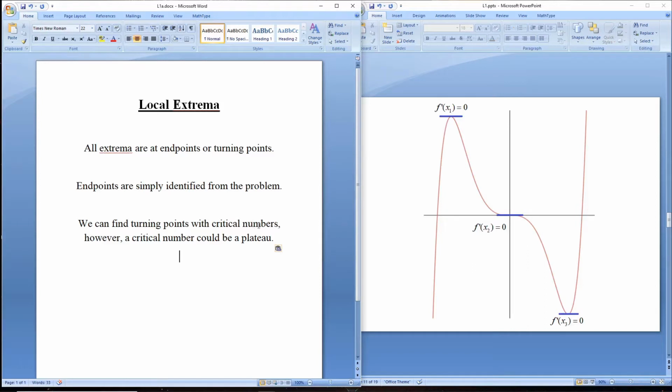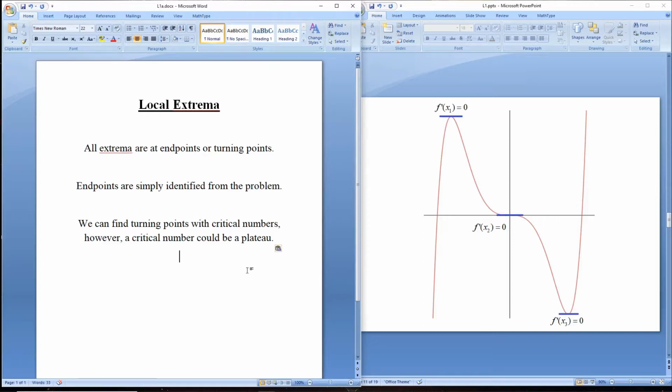We'll talk about more again here today. However, these critical numbers can also give us these plateaus. And there's nothing we can do about that. We just have to be aware of that when we're doing this calculation. We have to remember, hey, I'm getting these critical numbers. They don't guarantee an extrema because it could be this plateau. And we have to investigate that and then conclude what we're dealing with.